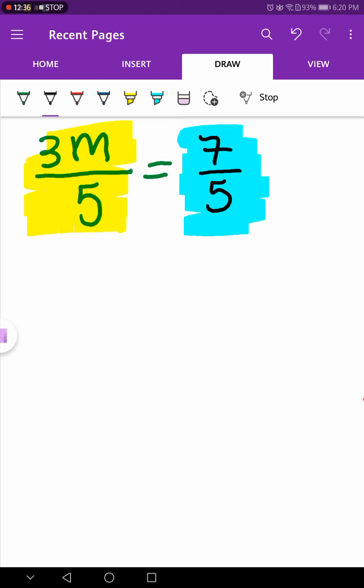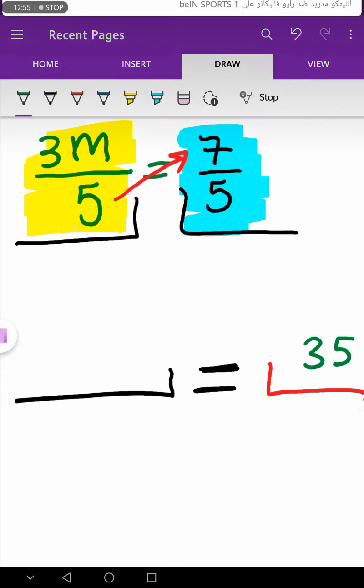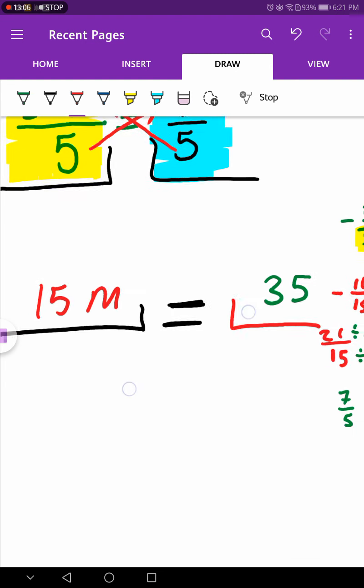So 5 multiply 7 equals 35, and 5 multiply 3m equals 15m. Down it will still be 5.